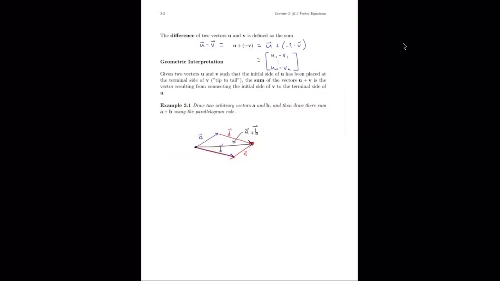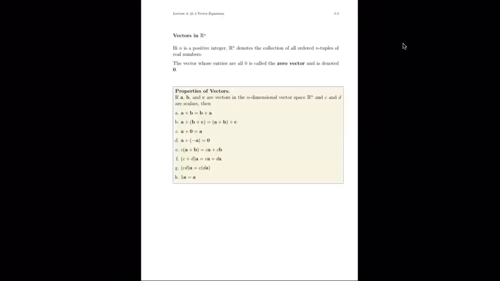That's a geometric intuition. Proving it really boils down to writing out the components of each of these vectors and realizing that when we're talking about a plus b, we have a1 plus b1 down to an plus bn. That's a plus b. Well, that could easily be commuted because we know that addition of real numbers a1 and b1 can be flipped around and written like this.